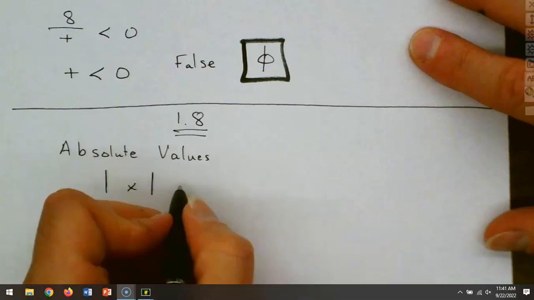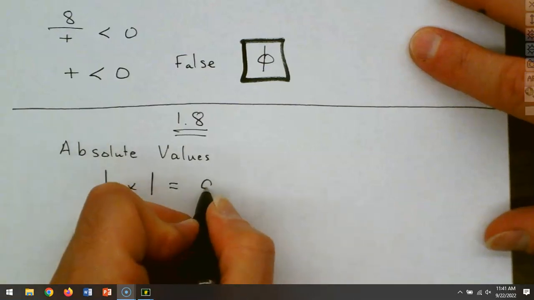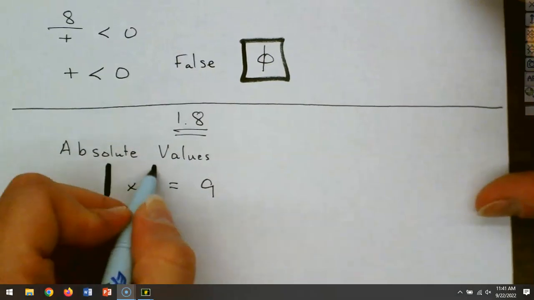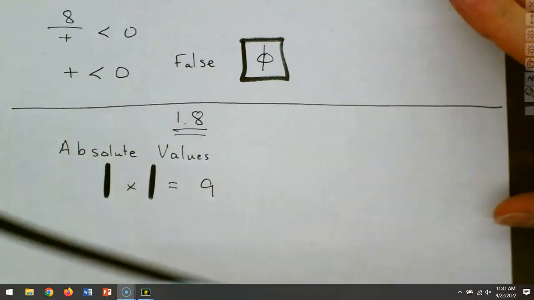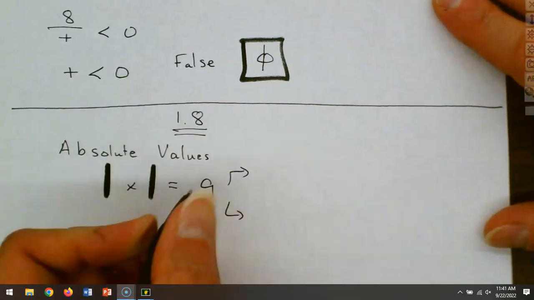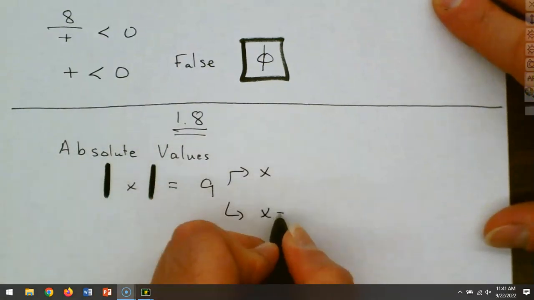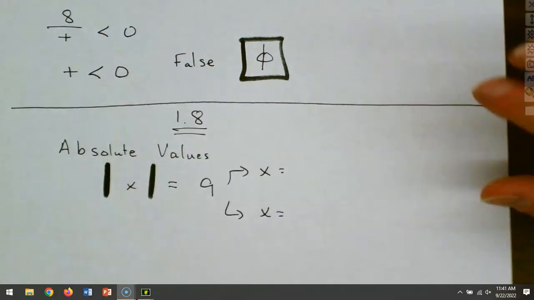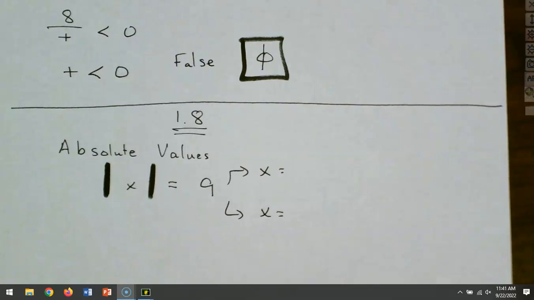So if I gave you this, let's see what the two solutions would be. Can anyone tell me what two numbers would work here? What two numbers? Well, okay, absolute values. Now, what does an absolute value do?